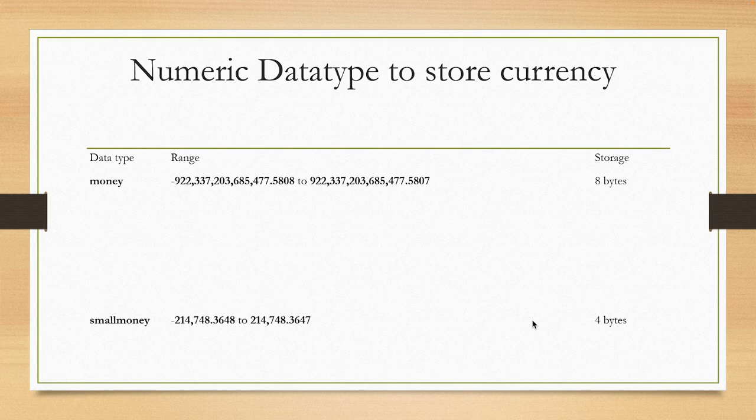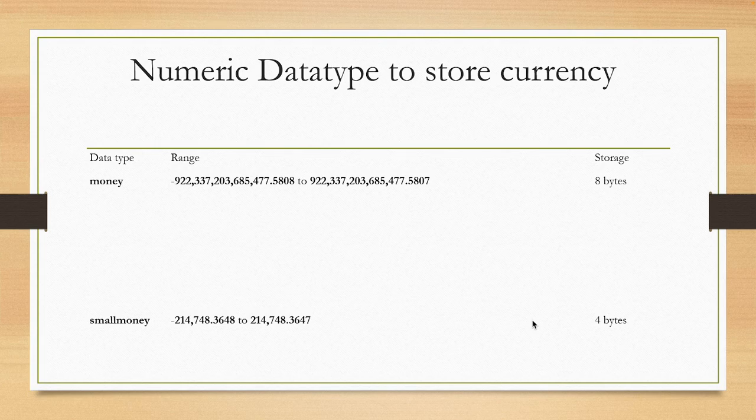The thing about smallmoney and money is that they allocate 4 decimal places, but let's say you have 214,748.5000, it ends up showing only 214,748.5 if you view the number through SSMS or any kind of client tool.